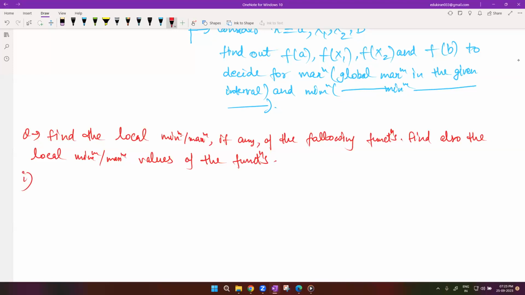So first question is f(x) is equals to x into root 1 minus x, and x is given to you from 0 to 1. x is in between 0 to 1, but this is not a closed interval, right? Okay, so we can start these questions. I will write some more questions.